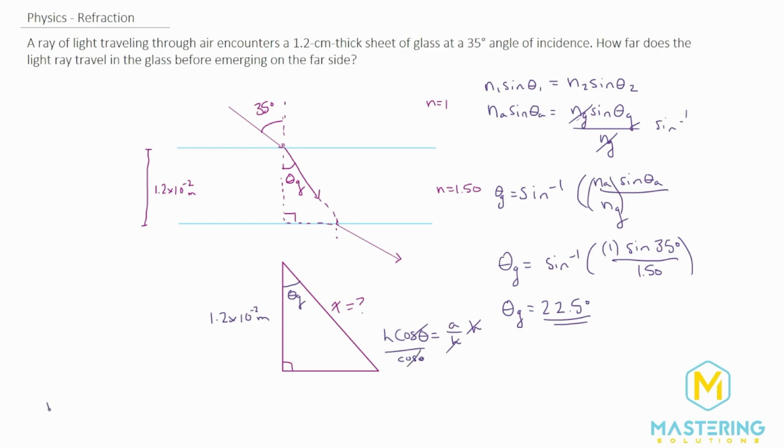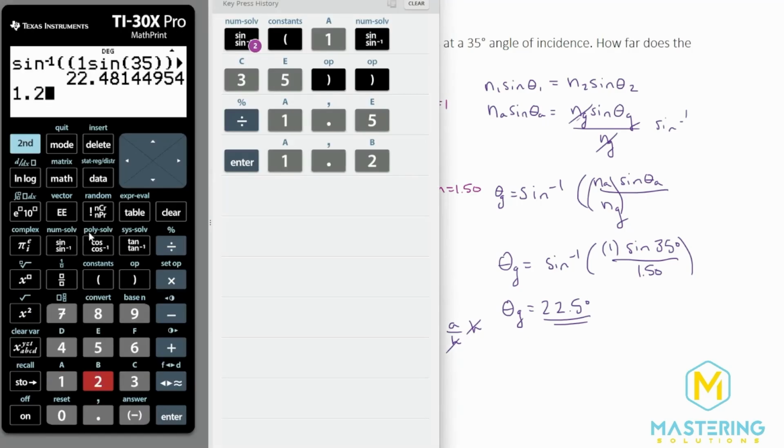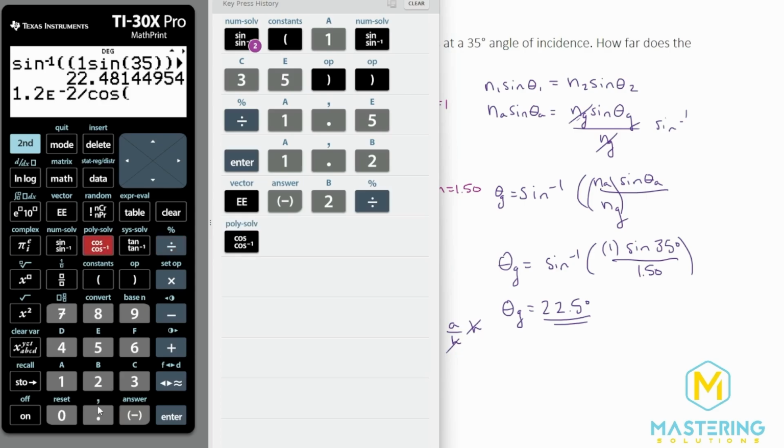So let's come over here. So we have h is equal to the adjacent divided by cosine of the angle. The adjacent, as we just talked about, is 1.2 times 10 to the negative 2 meters divided by the cosine of the angle, which we found is 22.5 degrees. 1.2 times 10 to the negative 2 divided by the cosine of 22.5.